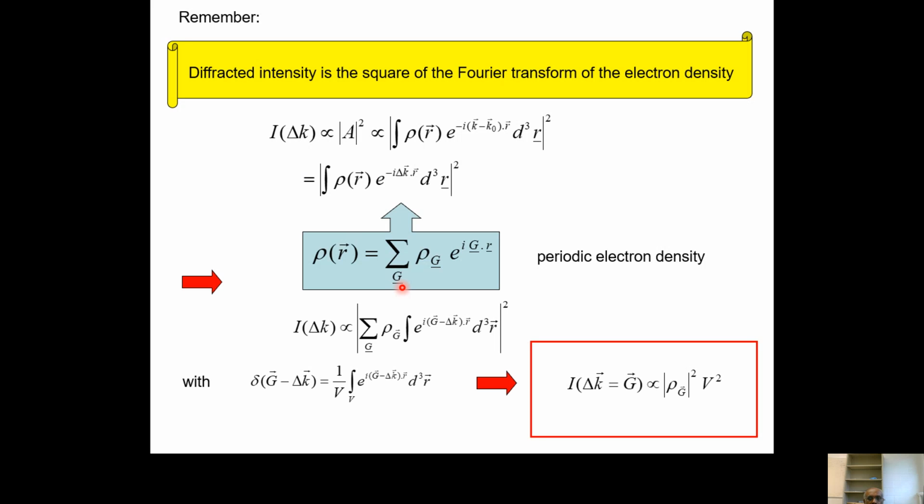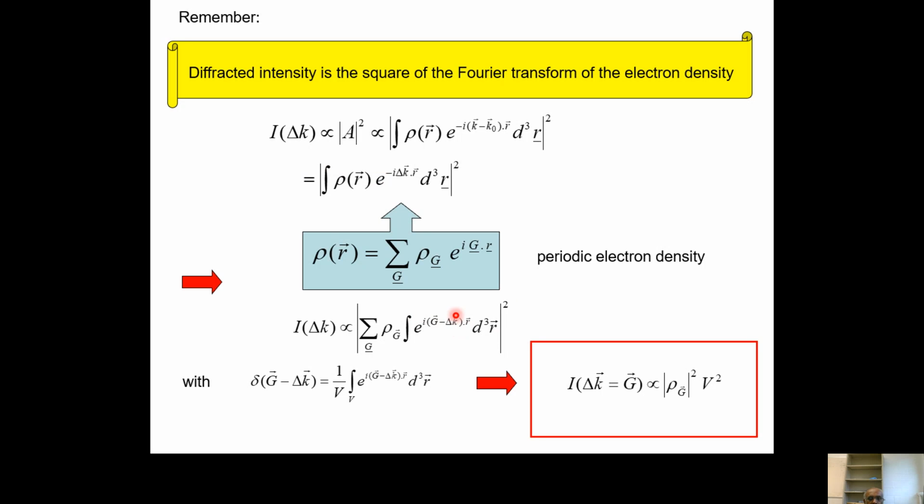Now if I plug that in here, delta k, I can write rho r as this one. Then this G comes here with this one, and you get d cubed r. Basically you substitute this into this equation.